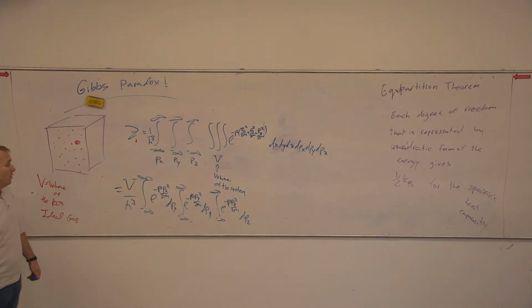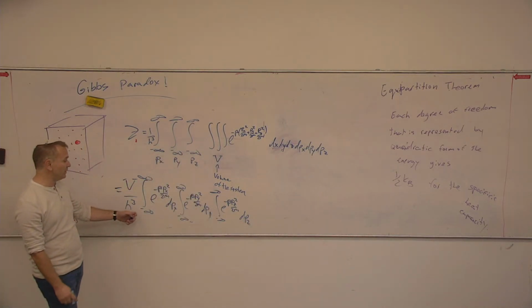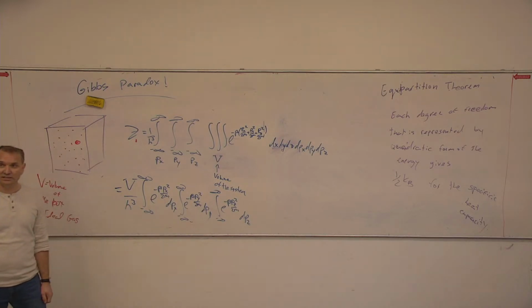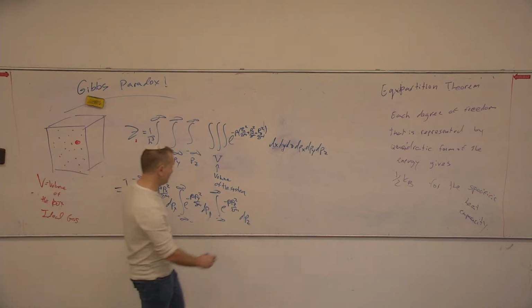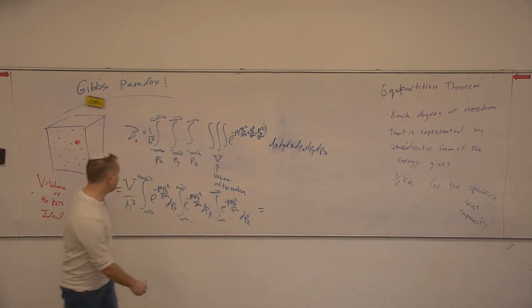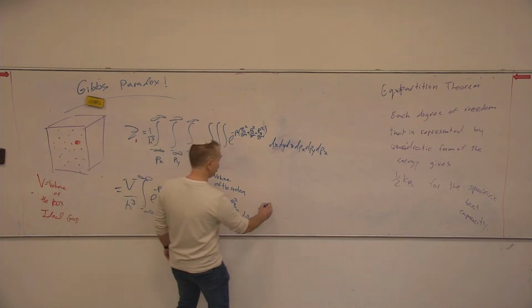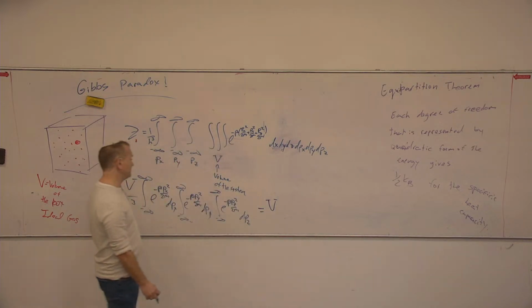Okay? Great. Why? Because we know that all of those are just Gaussian integrals, and they are exactly the same, right? And we use the formula that we have written a couple of minutes ago on the board.